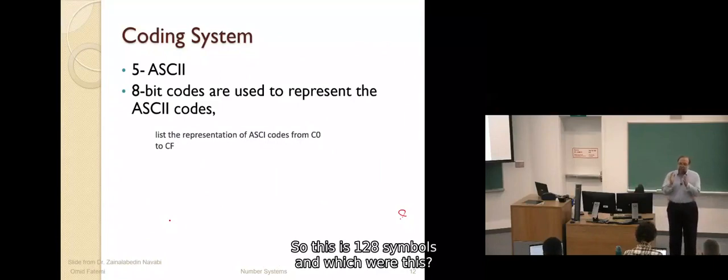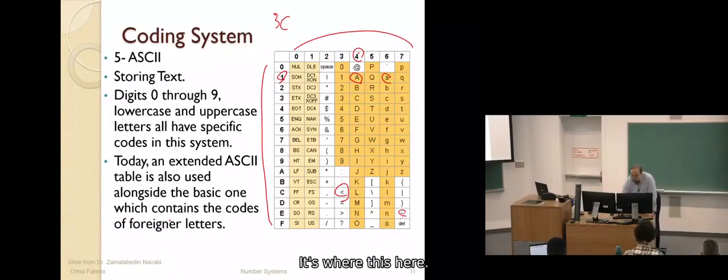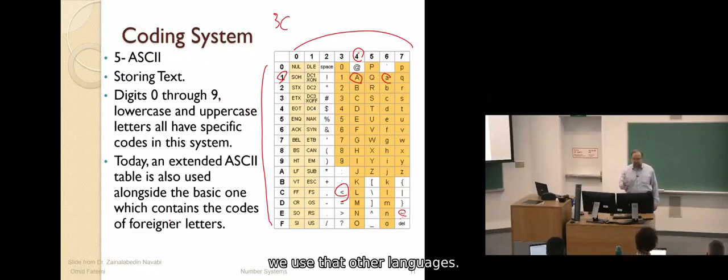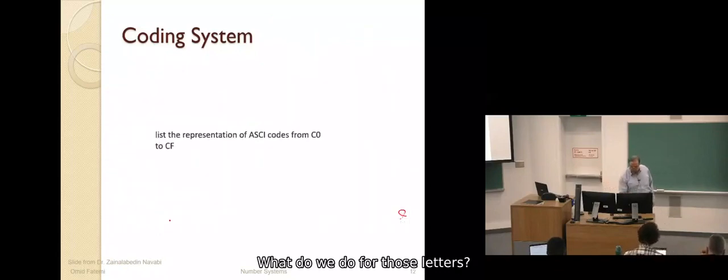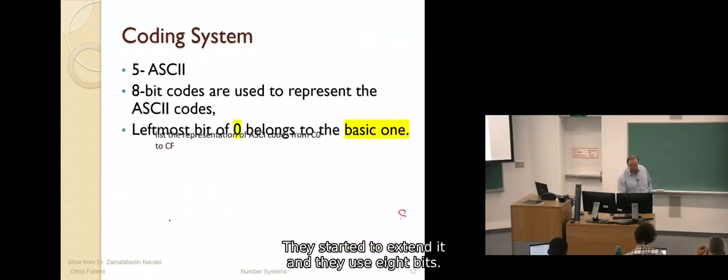So this is 128 symbols. Here we cannot find, for example, a letter E with an accent. I guess in French or other languages we use that, but we don't have it here. So what do we do for those letters? They extended it and used 8 bits.